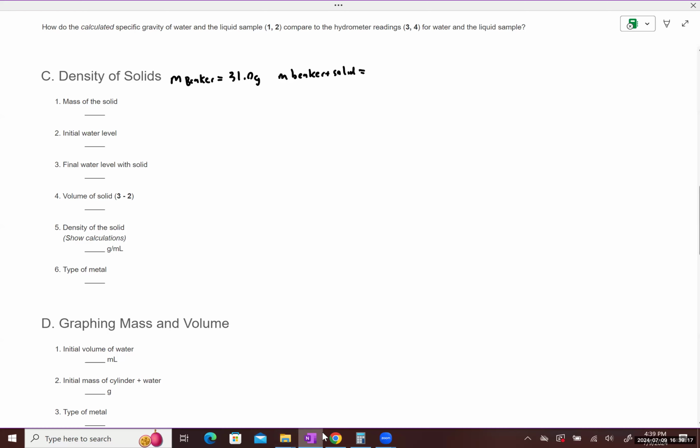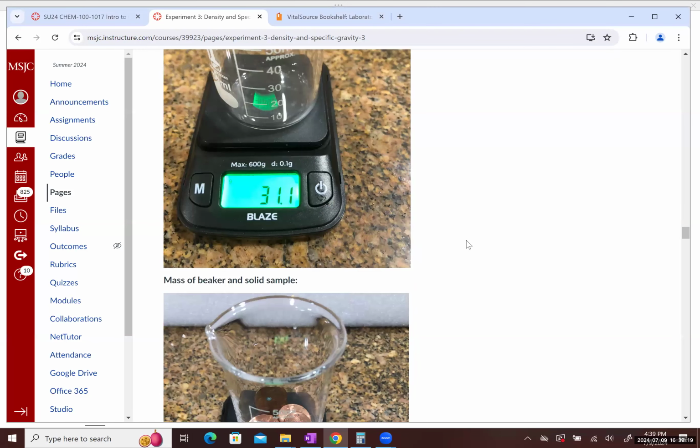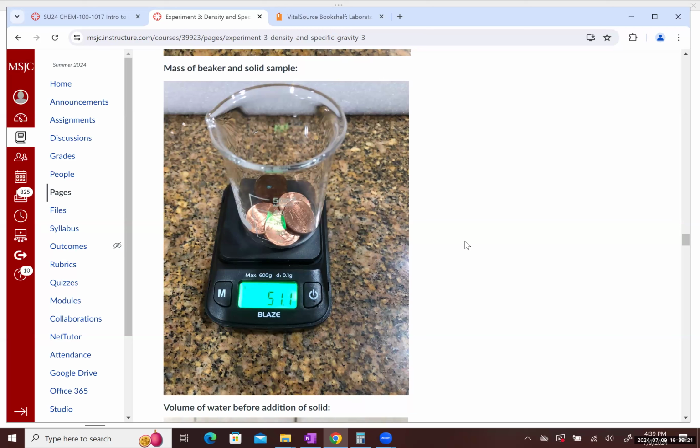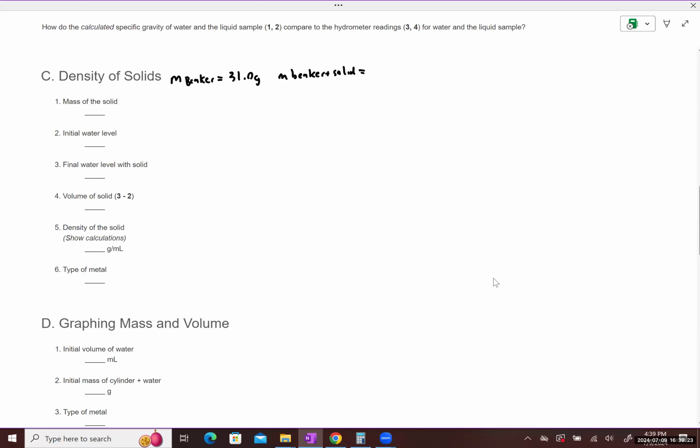So let's see if we have that data. So the mass of the beaker plus the solid sample would be 51.1 grams. So then the mass of the solid can be obtained by taking the difference between these two values. So 51.1 grams minus 31.0 grams. That in turn gives us 20.1 grams of solid.